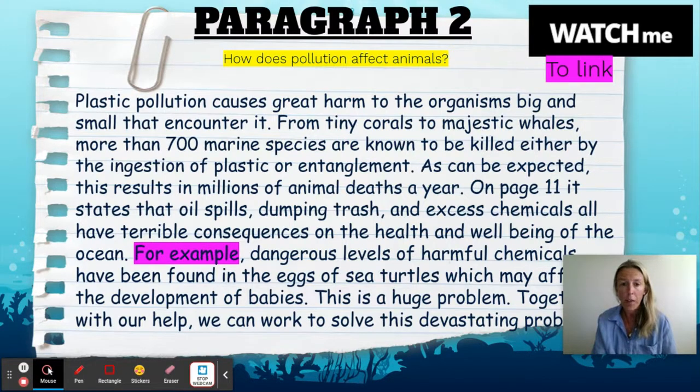For example, dangerous levels of harmful chemicals have been found in the eggs of sea turtles, which may affect the development of babies. Right there, I was able to link an example to what I was writing about.